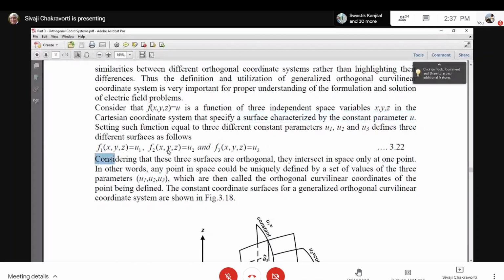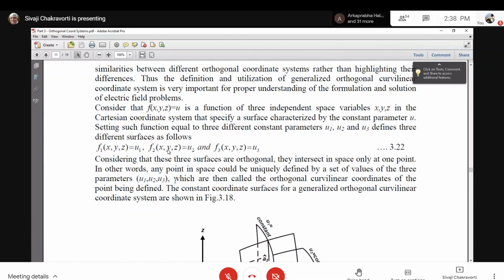Considering these surfaces are orthogonal, they intersect only at one point. If that is the case, then any point in the space, particularly the intersection of the three constant coordinate surfaces, can be defined by the coordinates u1, u2, u3.